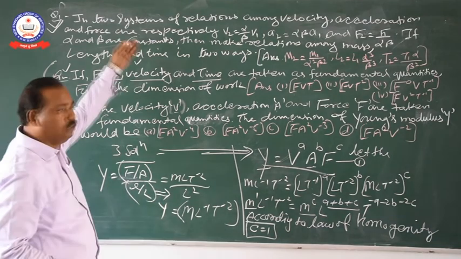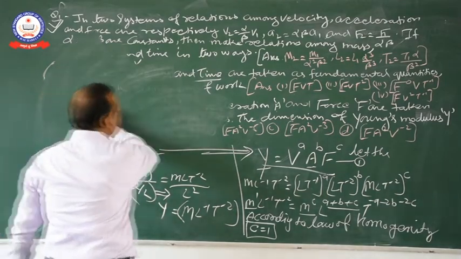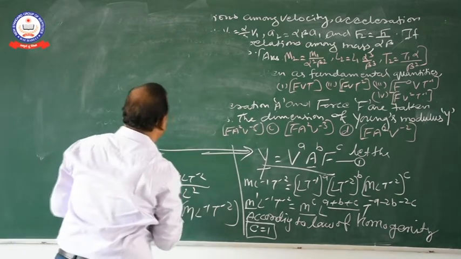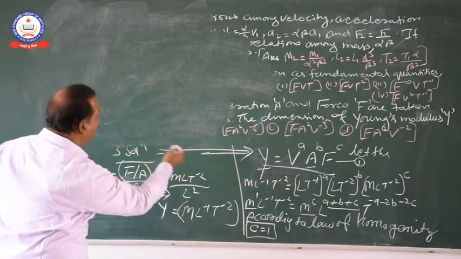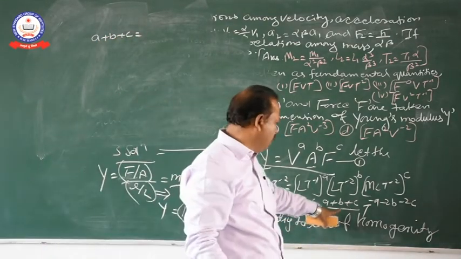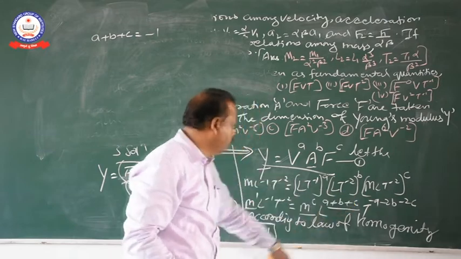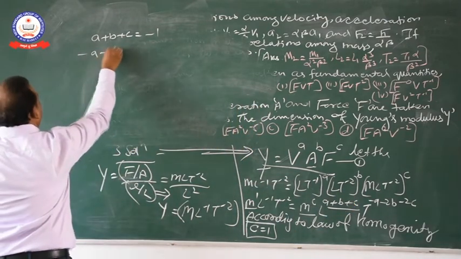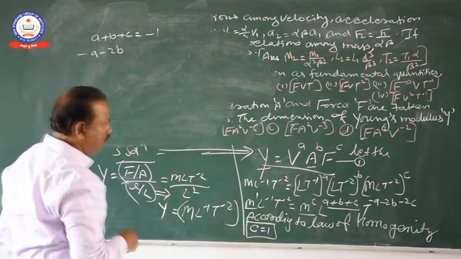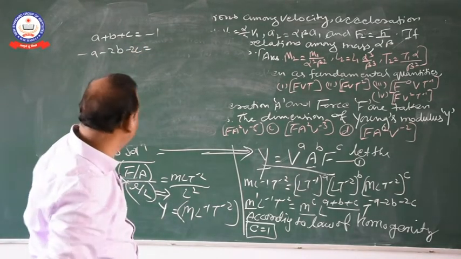Okay, you write this. So here L raised to power a plus b plus c is minus 1, and minus a, minus 2b, minus 2c is equal to minus 2.